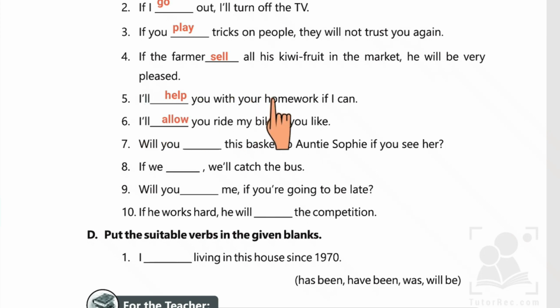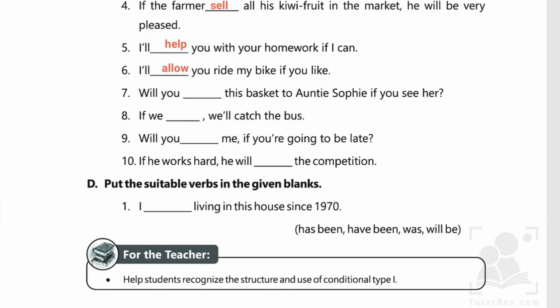There is no comma. The reason for using no comma here is that whenever the result clause comes first, we do not use any punctuation mark. We just write if and then the conditional clause. Similarly, I will allow you to ride my bike, result clause, no comma, if you like. Then the same thing happens whether it is a question or a negative sentence.